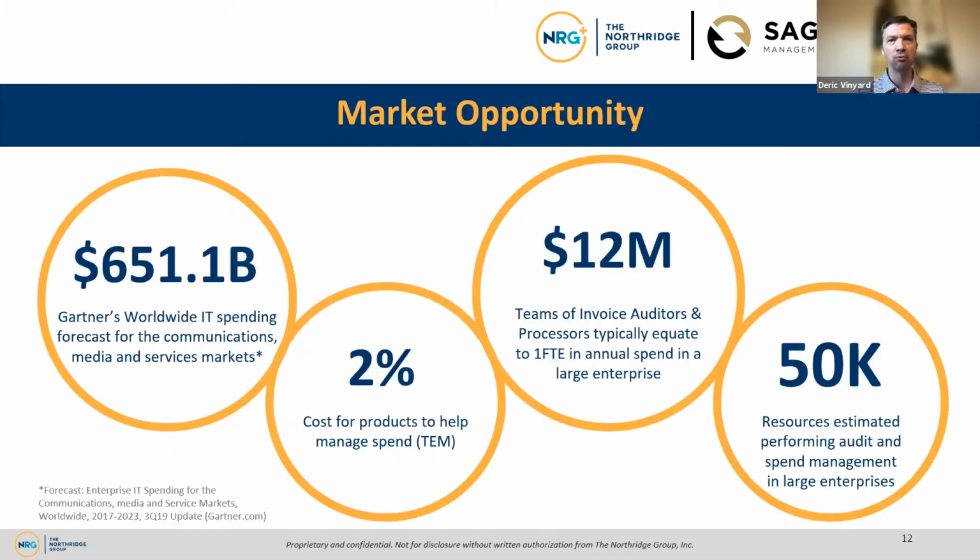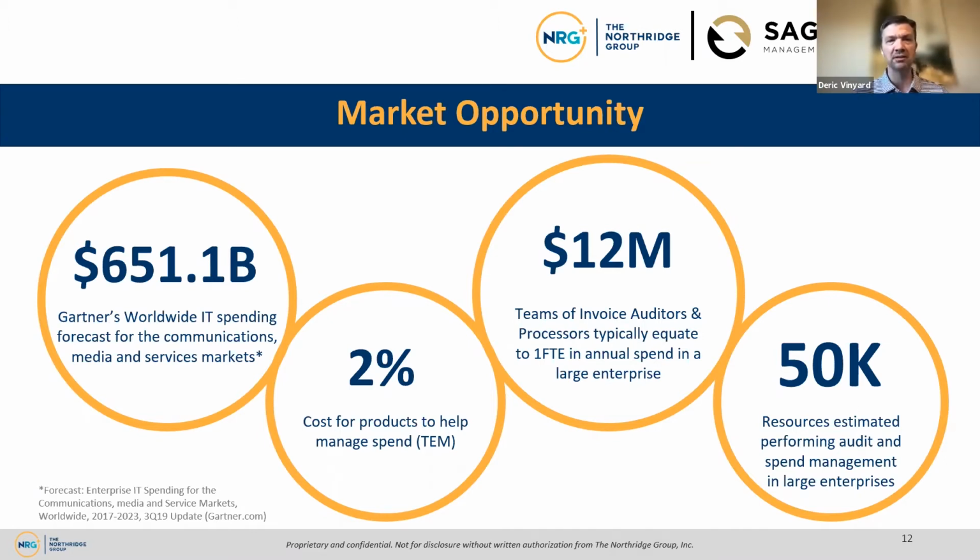So if you look at the overall market opportunity, 4 key things here. The big number is $651 billion. That's Gartner's worldwide IT spending forecast for communications, media, and services markets. 2% really is an average cost for the enterprise to manage their spend with a TEM application, so spend under management. $12 million is the key fact, really, per FTE.